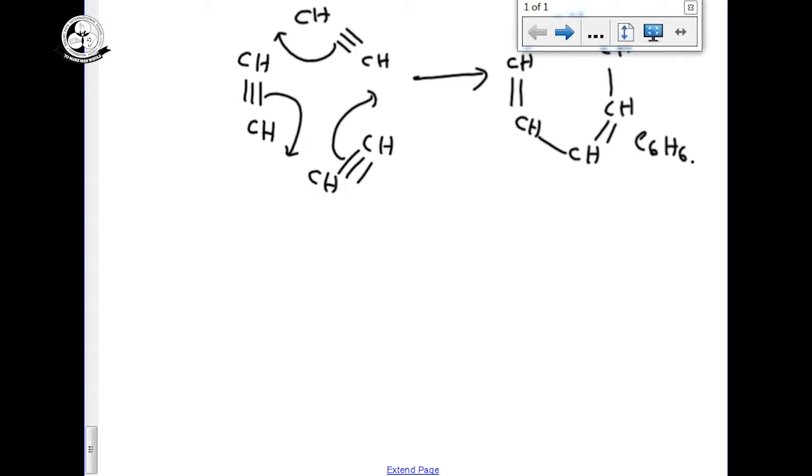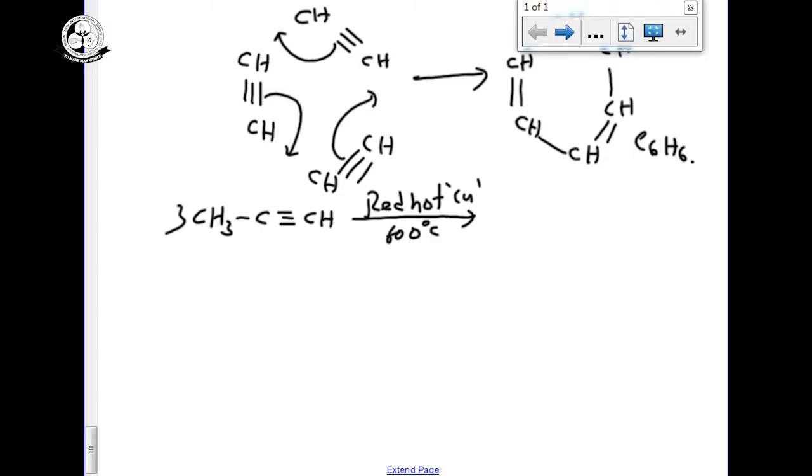The same application if I take propyne, C triple bond CH, 3 moles. Then with the red hot copper tube, we maintain the 600 degrees Celsius temperature. It can undergo cyclic polymerization and we can get the compound like this.